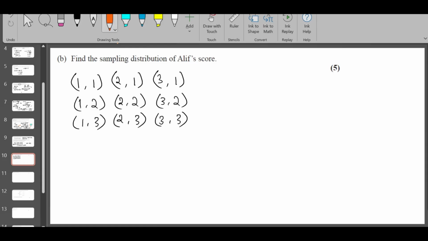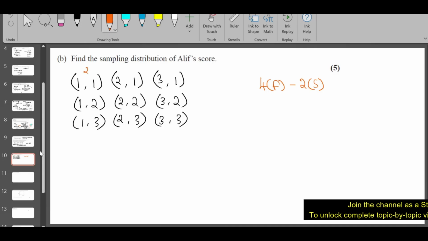Now, the score is basically 4 times the first number minus 2 times the second number, right? So here, when you sub in, you're going to get 4 times 1 minus 2 times 1, you will get 2.